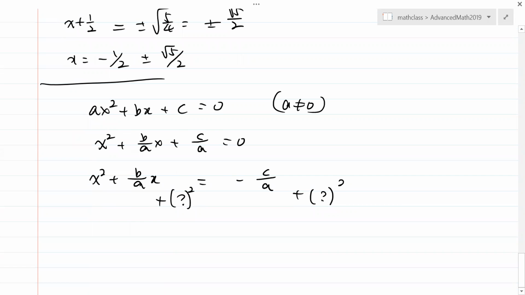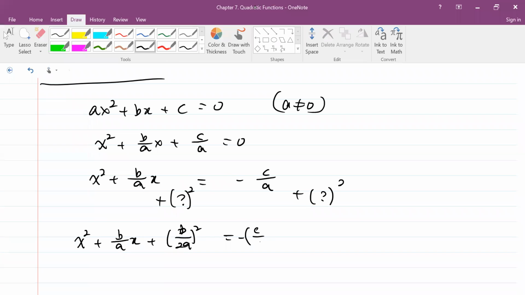That will be half of the coefficient of x. So the term I have to add will be half of this coefficient. Let me copy this.